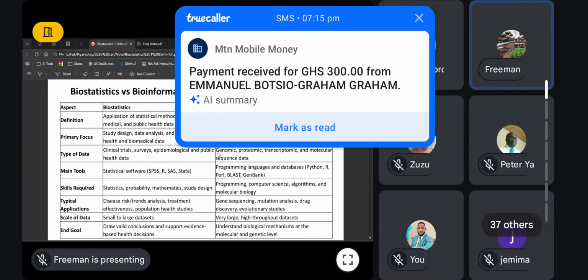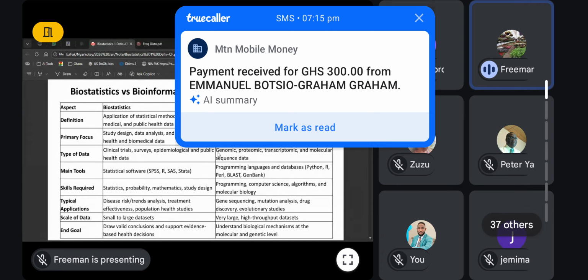Applications for biostats: disease risk. We can use it to estimate the probability or risk posed by a particular disease.